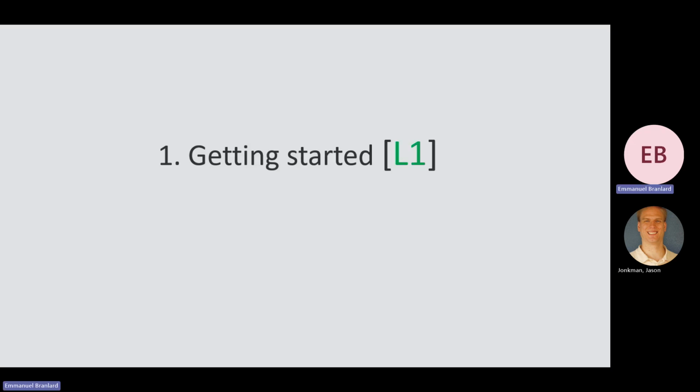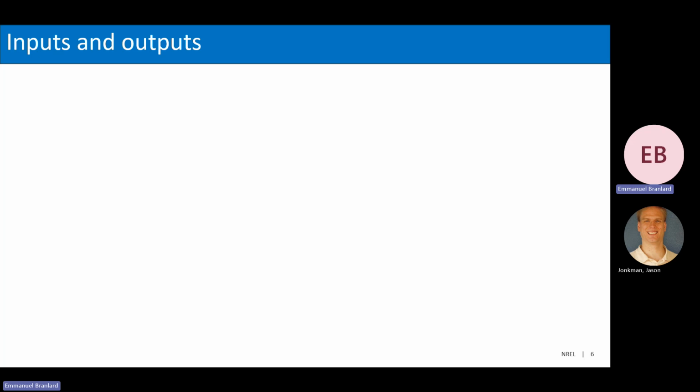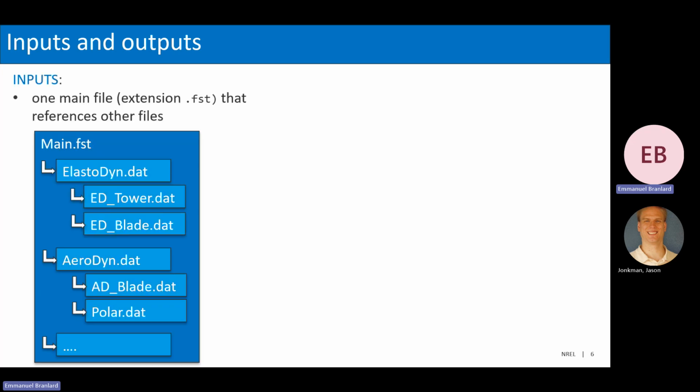Anyway, so to get you started, as Jason showed, at the high level, the system takes some inputs and produces some outputs. The main input that the executable takes is a bunch of input files for OpenFAST. The main one has the extension .fst. It's a convention, but we use the extension .fst for the main file of OpenFAST.